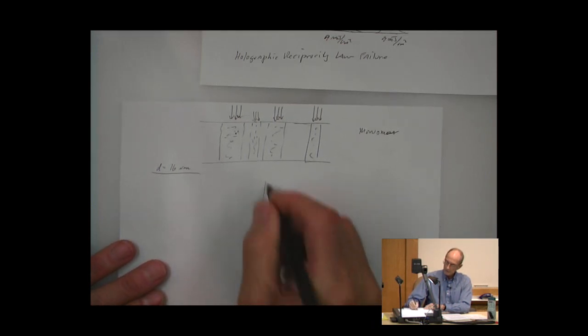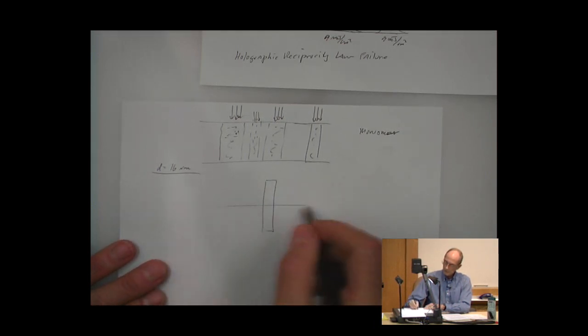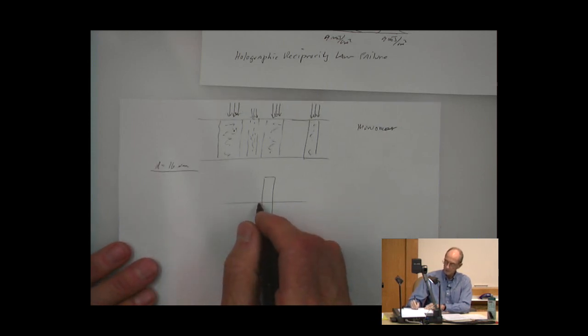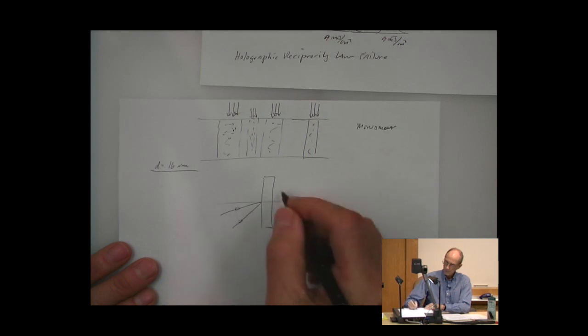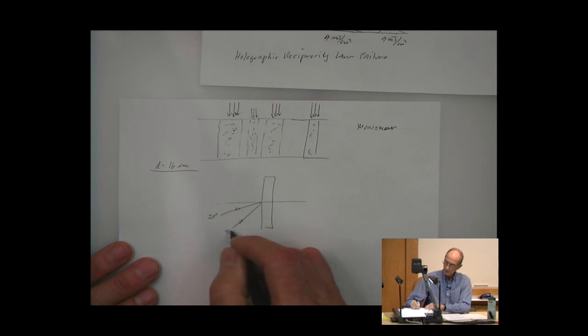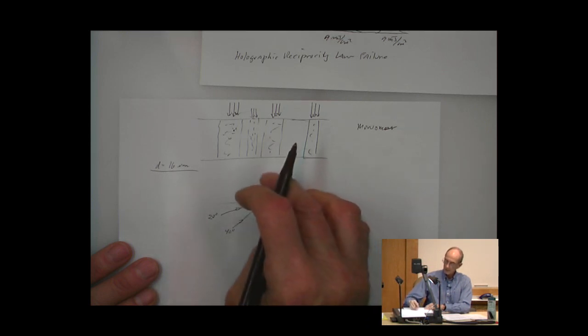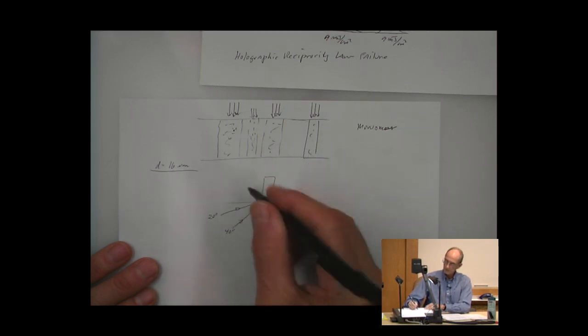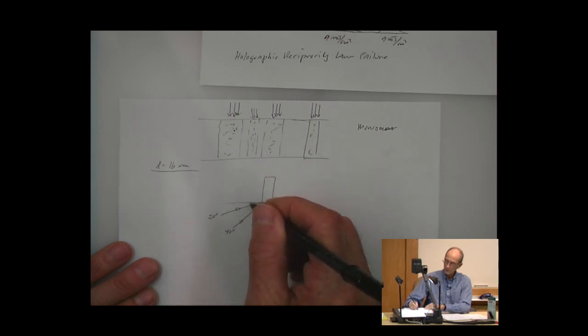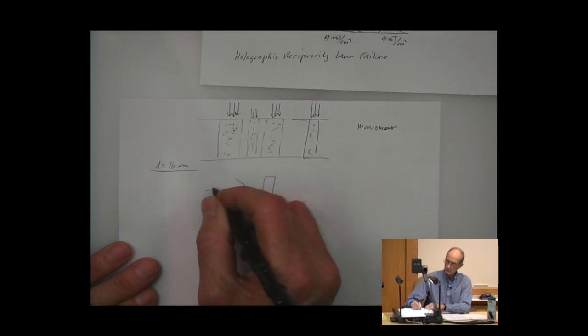What I'd like you to do is expose this with two beams at, say, 20 degrees and 40 degrees, and then rotate the hologram by, say, 40 degrees, so that we're now going to illuminate it with minus 20 and minus 40.